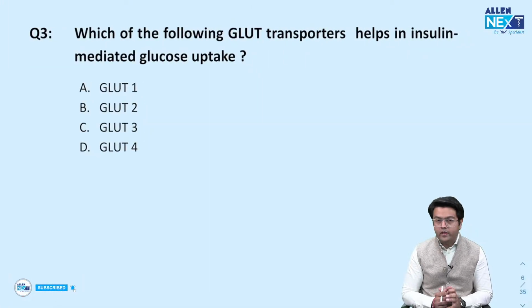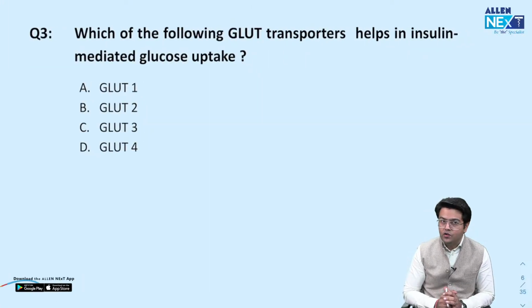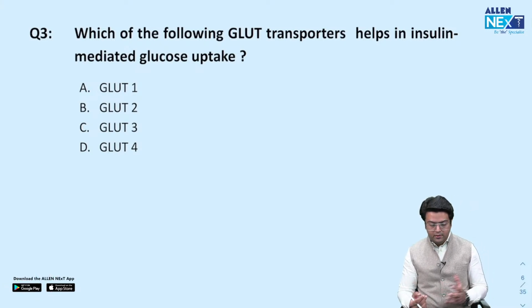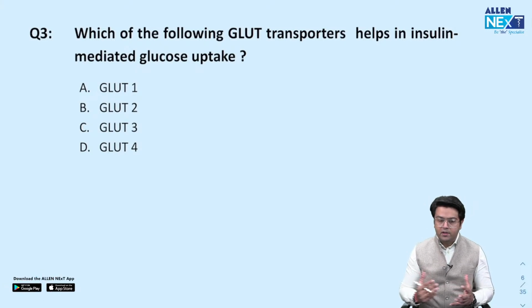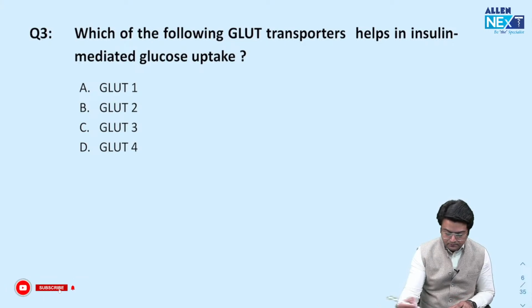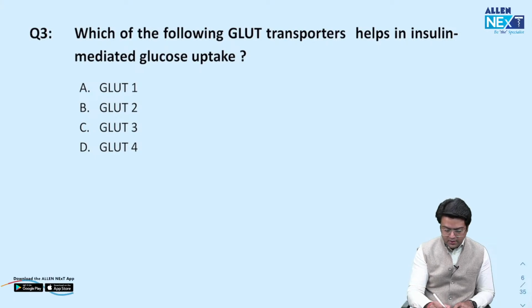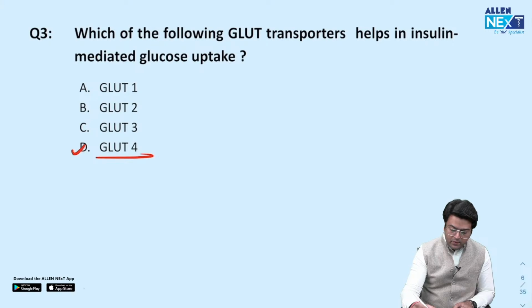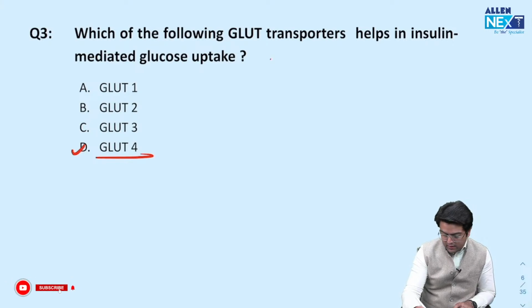Fine. Which of the following glucose transporters helps in insulin mediated glucose uptake? So guys, remember one thing, that type 4 is the answer, that is GLUT4. GLUT4 is the answer here. If we try to remember, we can remember like this.